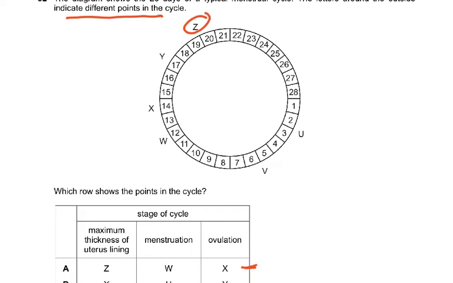It's this point. Because this is the phase in which ovulation has occurred and the lining becomes vascular and spongy, but the maximum thickness is at this point, Z. Because at 1, 2, 3, 4, 5 is where the menstrual cycle starts. And day 14 is the time when ovulation takes place.